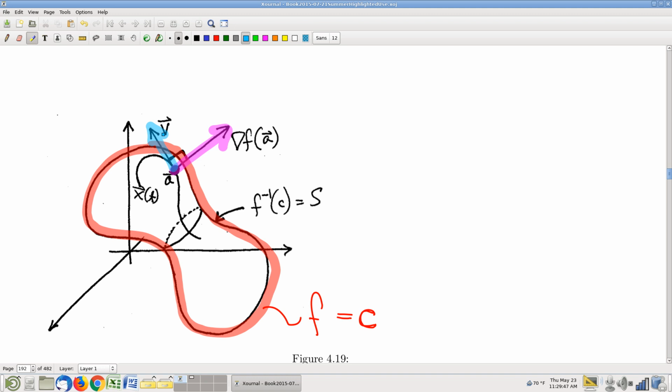If, as I claim, this gradient is perpendicular to the surface, well, then the gradient would have to be perpendicular to that tangent vector. Okay. Let me say that a little bit differently. If I can show that the gradient is perpendicular to every tangent vector to the surface, well, then it's definitely perpendicular to the surface.